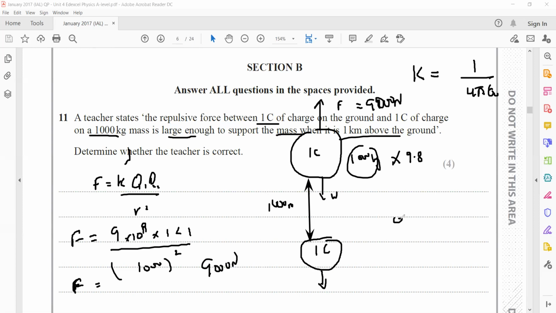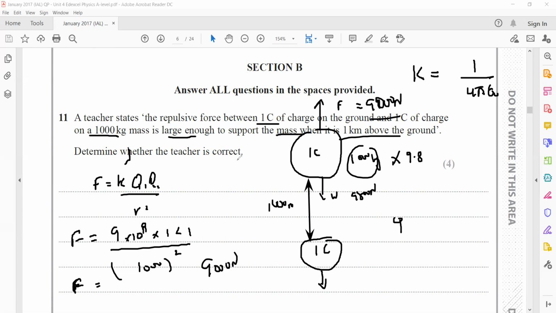So you can see the weight is higher. The weight is 9,800 newtons and the electrostatic force is 9,000. So this force is not sufficient. The electrostatic repulsion is not sufficient to support this mass of 1000 kilogram.